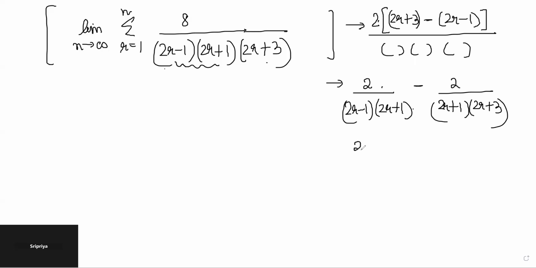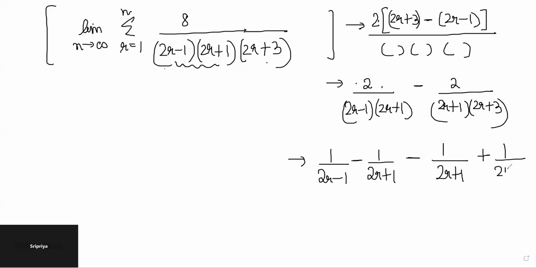You can just write 2 as 2r plus 1 minus 2r minus 1. In each step, this also can be split. So we'll get basically 1 by 2r minus 1 minus 1 by 2r plus 1, minus 1 by 2r plus 1 minus, so plus 1 by 2r plus 3. Oh, nice.